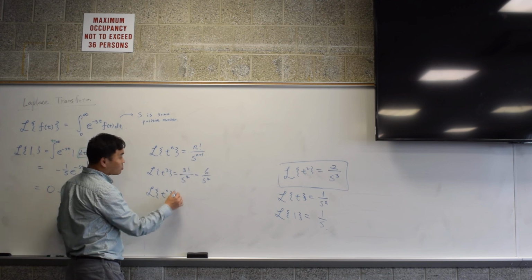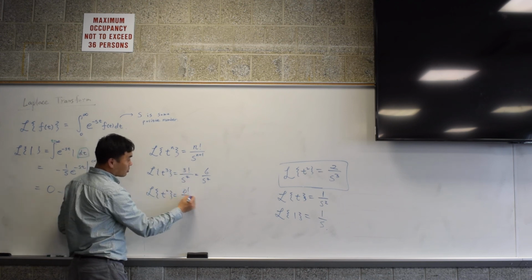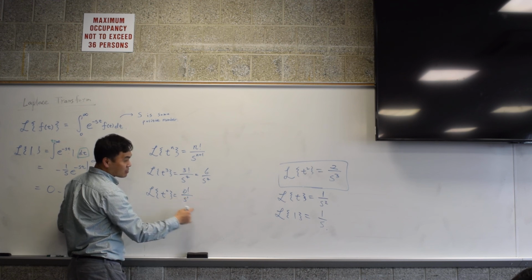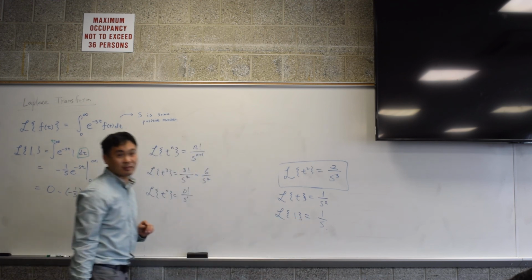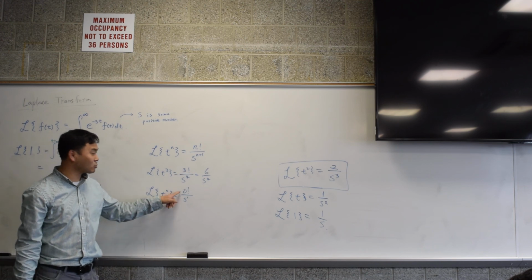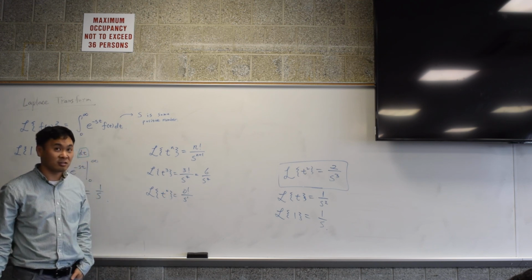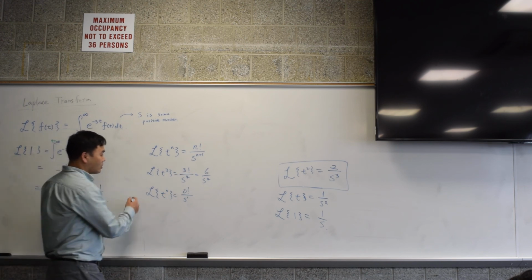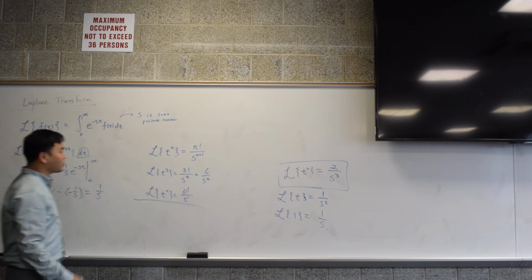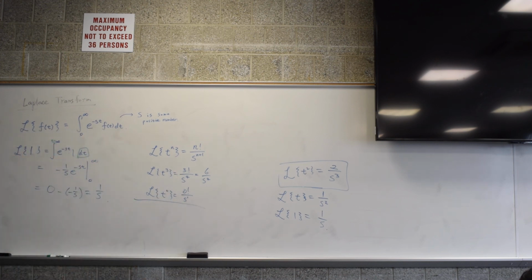So according to this formula, it says 0 factorial over s to the first power. Does that agree with this? It does, because what is 0 factorial? It's just 1. So I'm going to do more examples on this to show you different transformations.